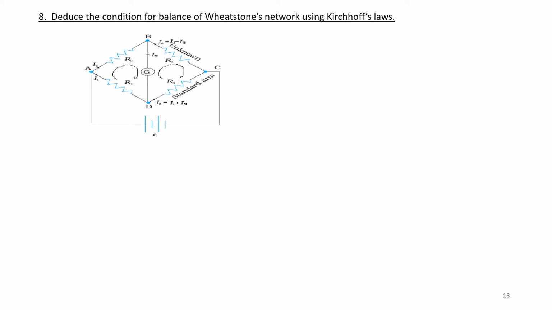The unknown resistance whose value is to be calculated is connected here, and this is R3, the standard known resistance. A galvanometer is connected between B and D. E is the EMF supply voltage.